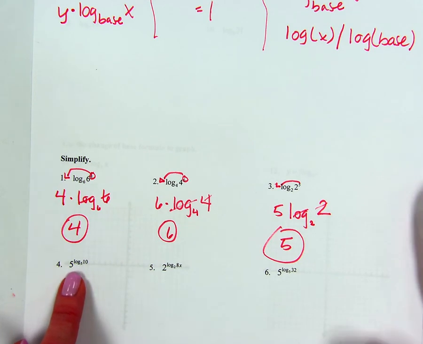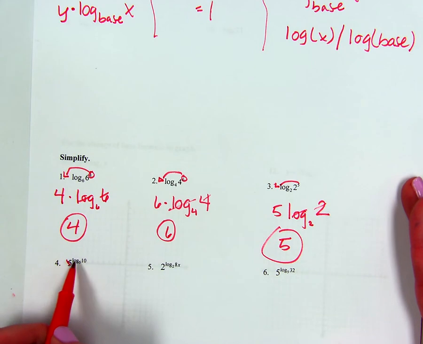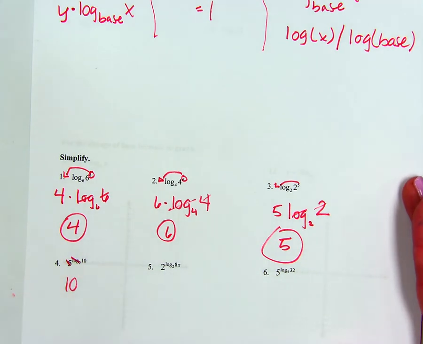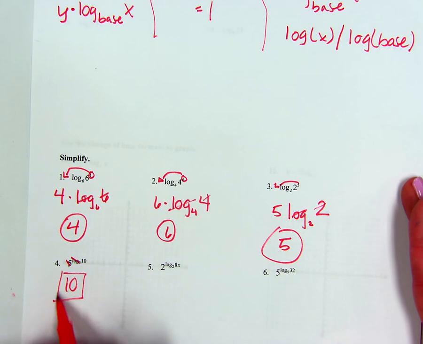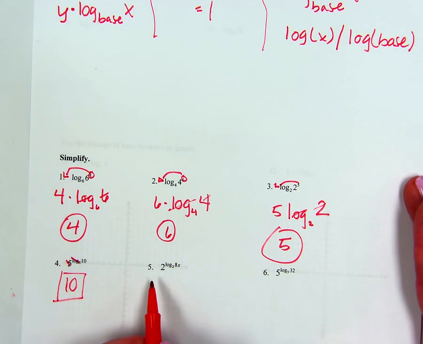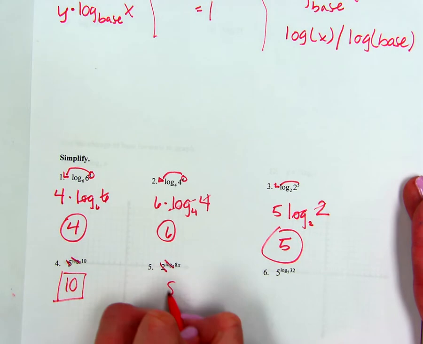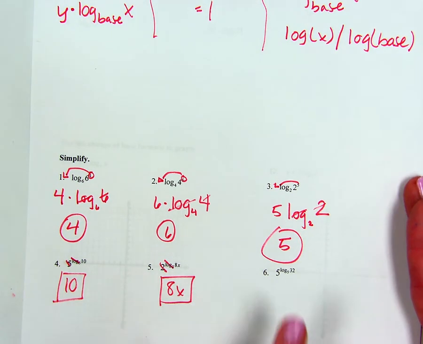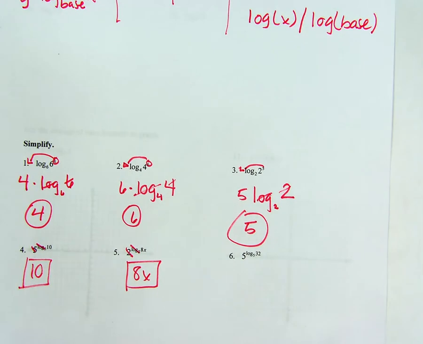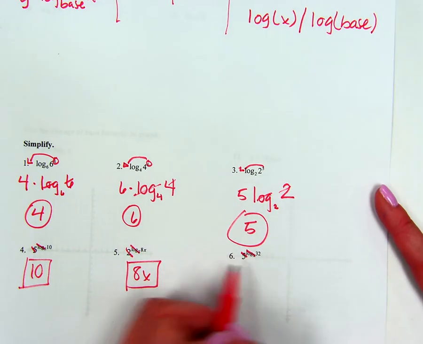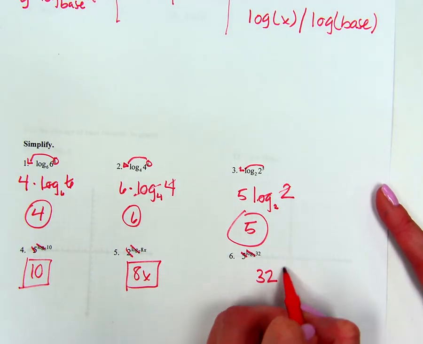You can cancel our 5 and our log base 5 here, and what are we left with? Just our 10. Looking at 5, same thing again. We can cancel these two out here, and we're left with just 8x. And last but not least, let's look at number 6. Same thing again. So we're left with 32.